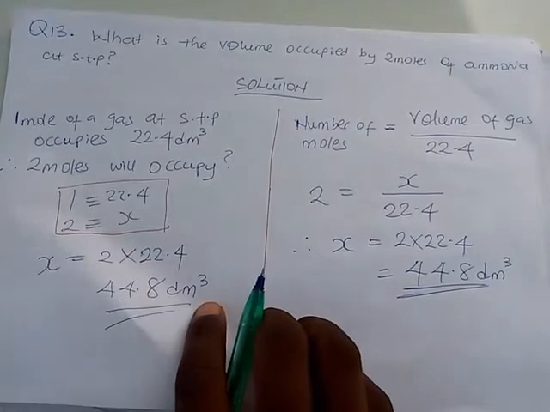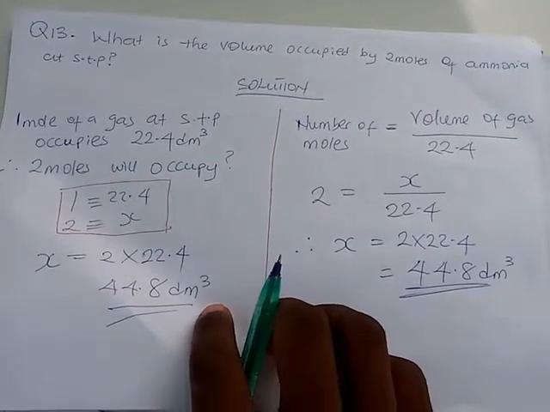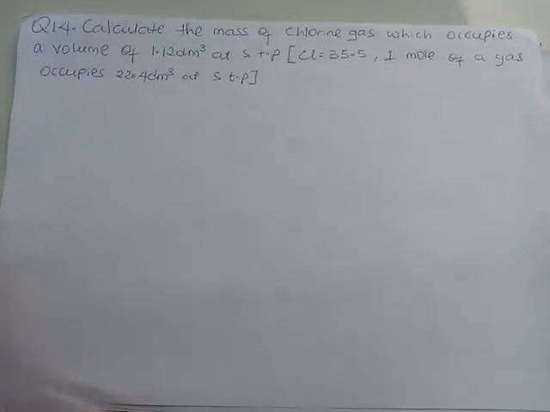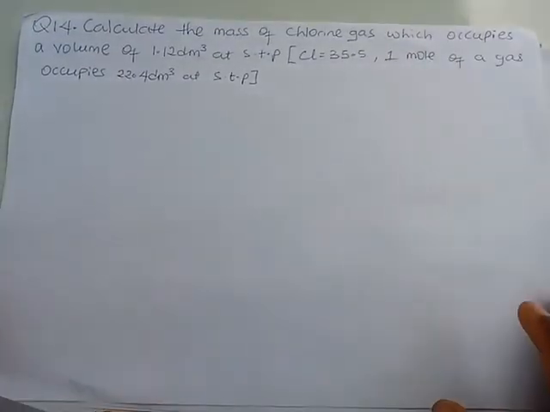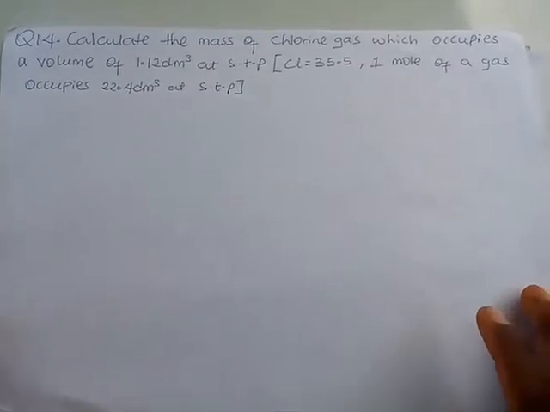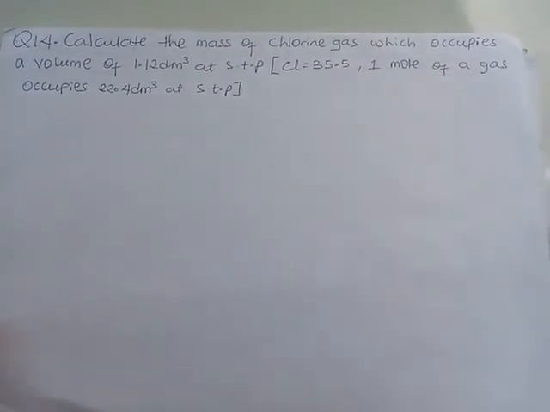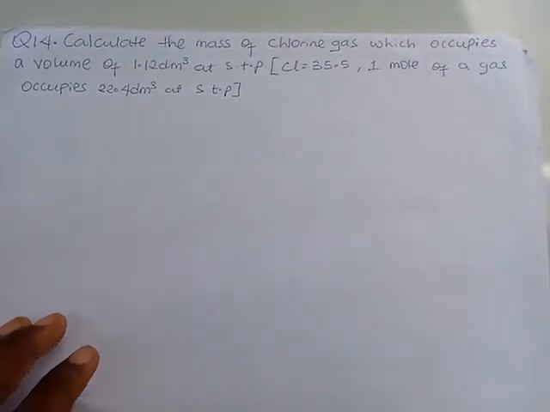Let's go to the next question. The next question is question 14. Here question 14 states: calculate the mass of chlorine gas which occupies a volume of 1.12 dm cube at standard temperature and pressure.